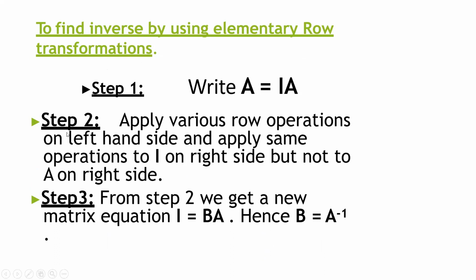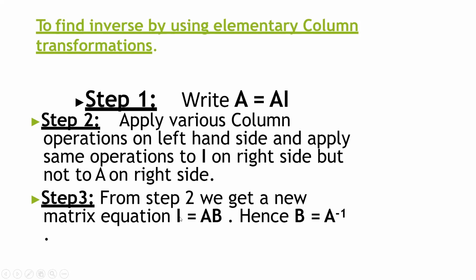Apply various row operations on the left hand side, and apply the same operations to I on the right side, but not to A on the right side. Then step 3: from step 2, we get a new matrix equation. We will see this with the example.